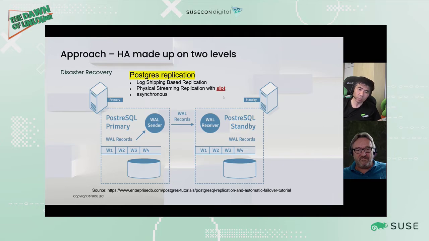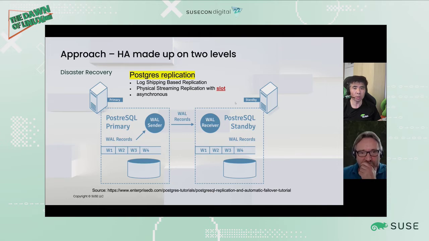And the slot means that if the standby server is not accessible or is currently down, because the server is broken or the network is down, then the primary server will keep all these WAL logs until the standby server is back online and has received all the WAL logs and replayed them into the database.